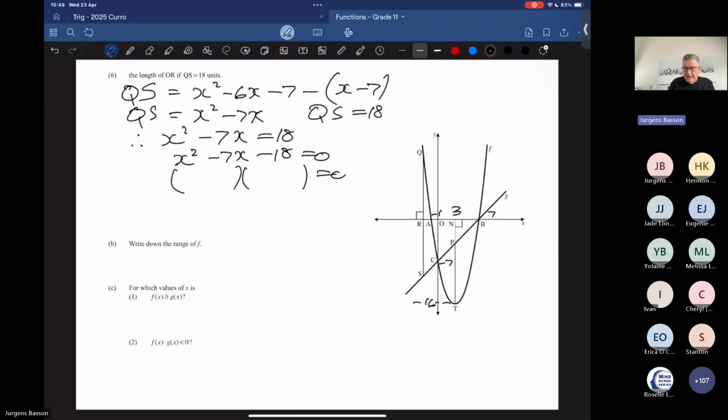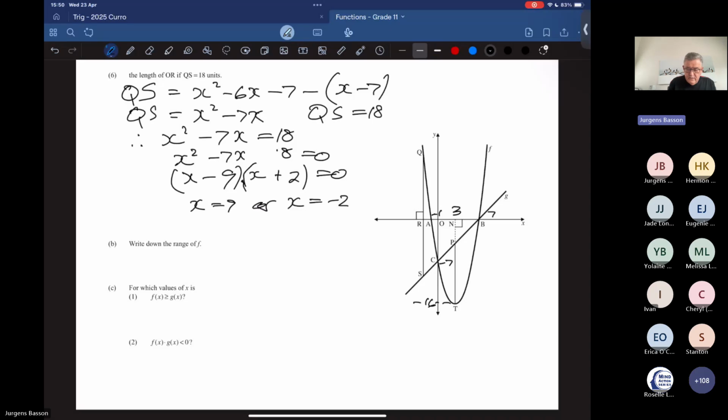We factorize and we get x squared minus 7x minus 18. That gives you the 7 will be 9 and 2. And 9 must be negative and 2 must be positive. So x is 9 or x is negative 2. All right.